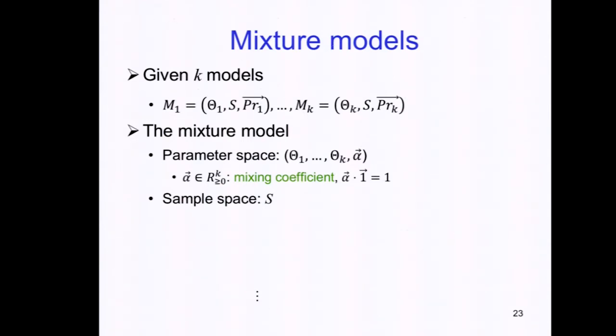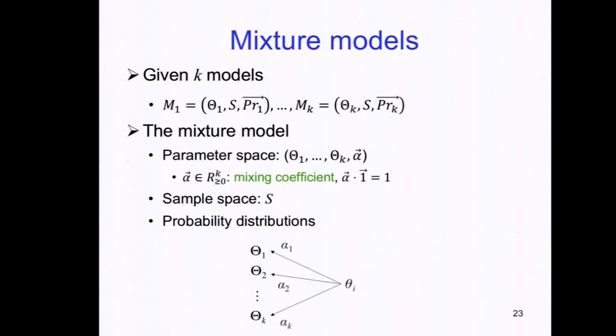Now, the way of generating a sample can be visualized in the following way, which is we're going to define probability distributions of a data point. Given this parameter space, we're going to first pick one of the models to generate our data. So we're not generating the data from any particular model, but let's say we're going to generate this ranking from either the first model or the second model or the kth model, with probability specified in the mixing coefficients.